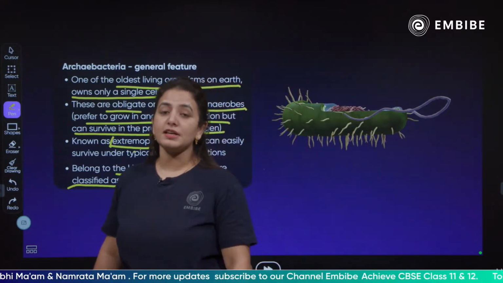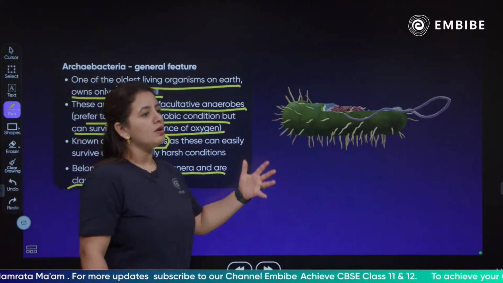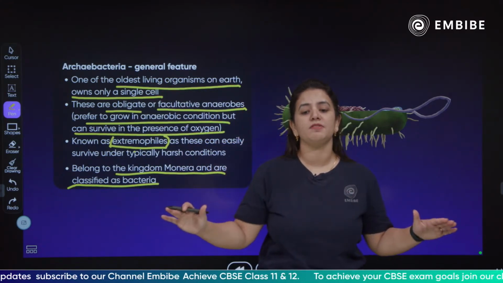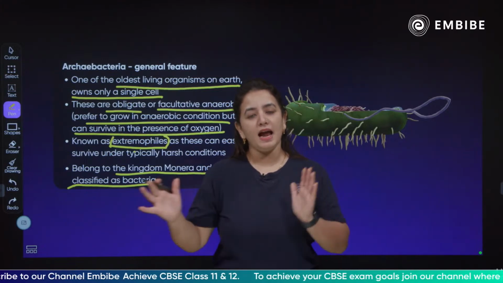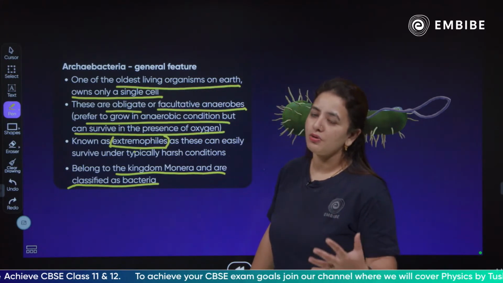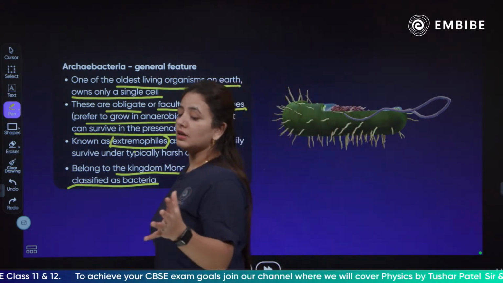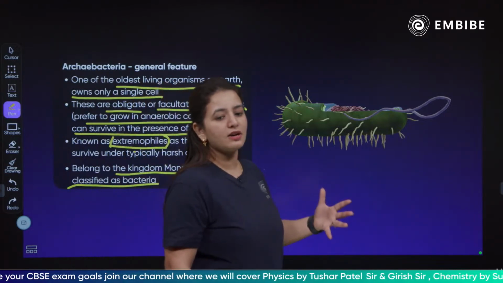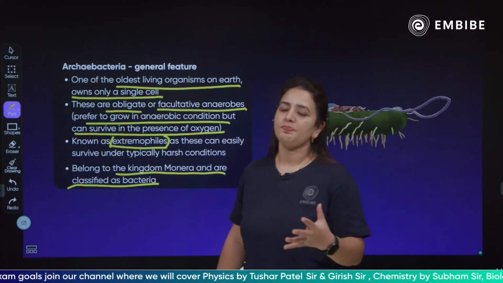After Carl Woese's description, the whole kingdom Monera has just two subdivisions, Archaebacteria and Eubacteria. It is a part of kingdom Monera only, because after Whittaker it was given a subdivision, yet it still remains a part of Monera.